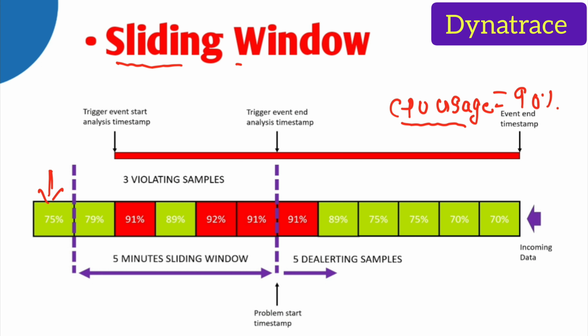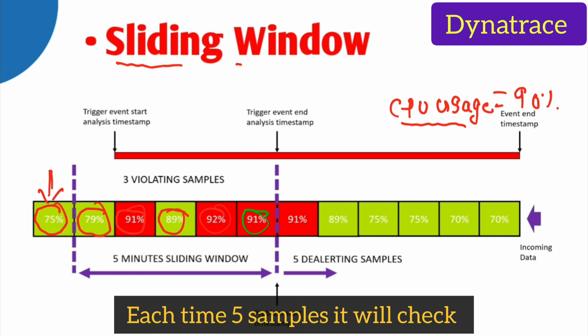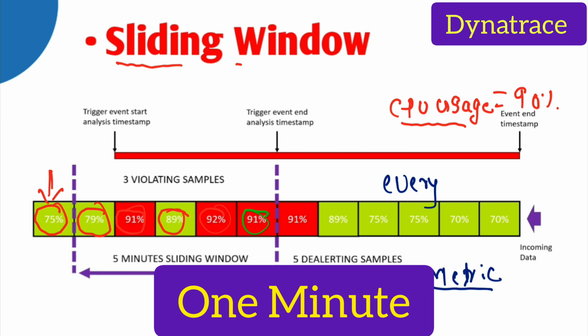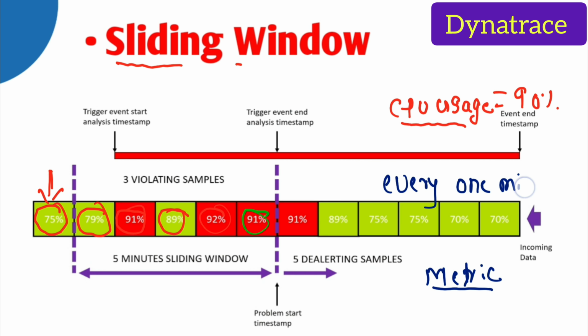Consider here we have the CPU usage of 75%, here 79, then 91, then 89, 92, 91, and finally here also 91. Before Dynatrace triggers an alert, it checks the metric value, how much CPU usage there is for every 1 minute.